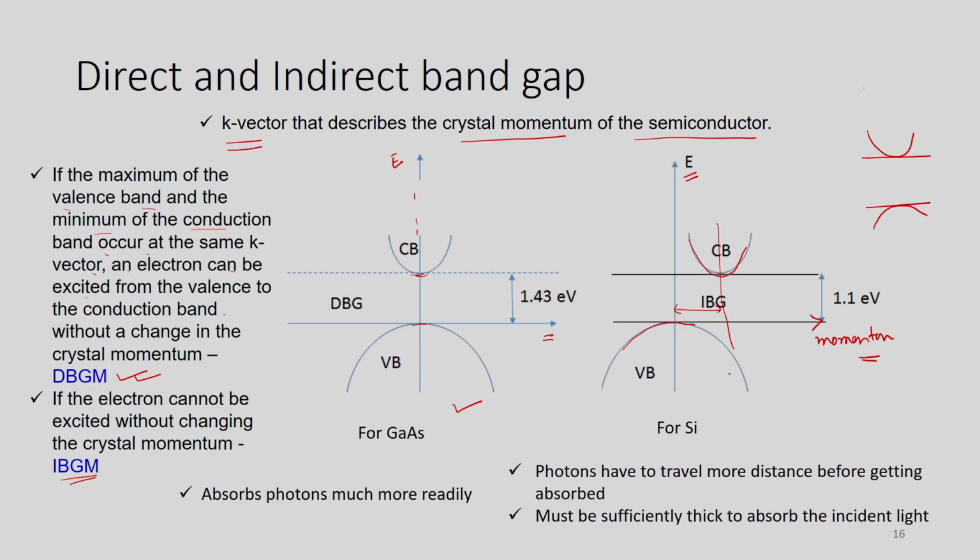In order to absorb more, we need to apply other technologies, like wavy configurations, so that we can capture more solar radiation. Photons have to travel more distance before getting absorbed in an indirect band gap material, which is why it must be sufficiently thick to absorb the incident light. So, from this analysis, the thickness of the active material required for a direct band gap material will be much lower compared to that required for an indirect band gap material.